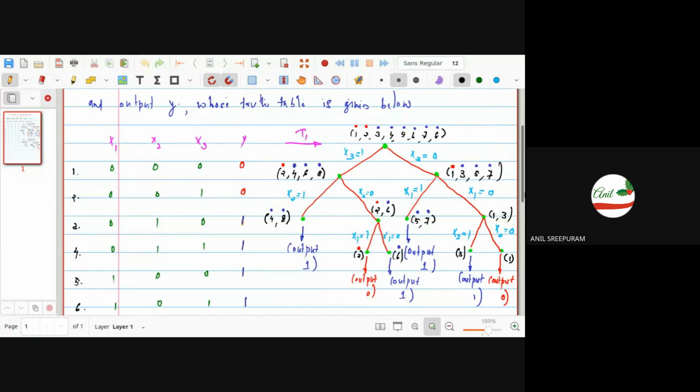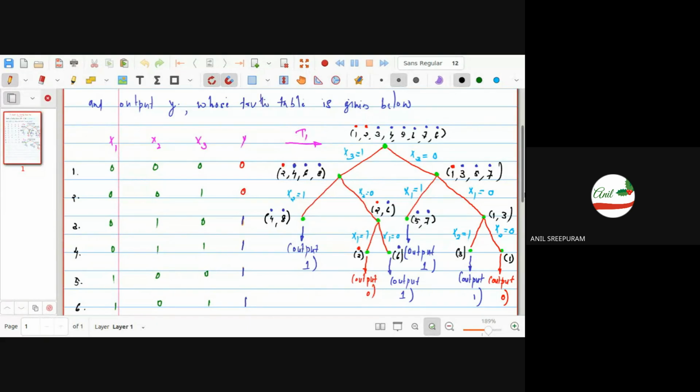Both are having y equal to 1. When the inputs associated with a particular node are all in one particular category, you can stop there, because you have reached a case where all the samples associated with that node are uniform. The category corresponding to this is 1. So you take that as a leaf node and output a value 1 there.